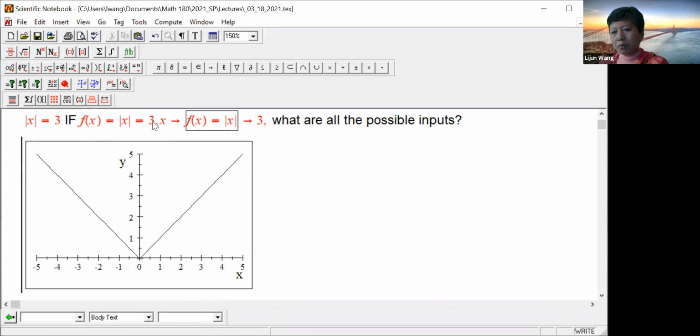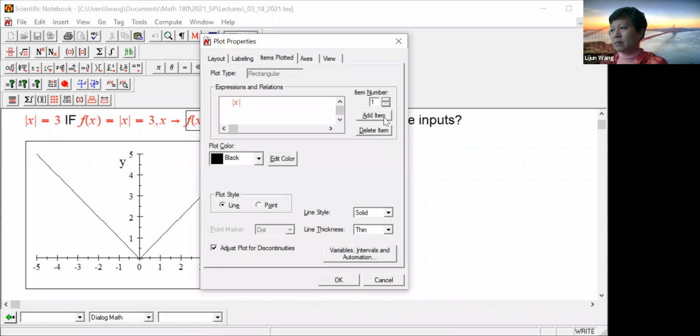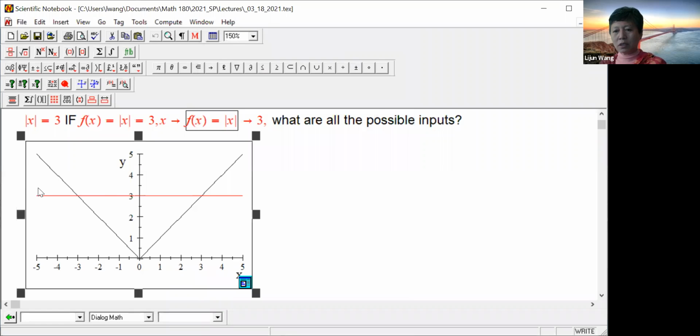If the output is 3, meaning we have a, let me make it red, horizontal line of 3 cutting the curve. And there are 2 points of intersection here, right?